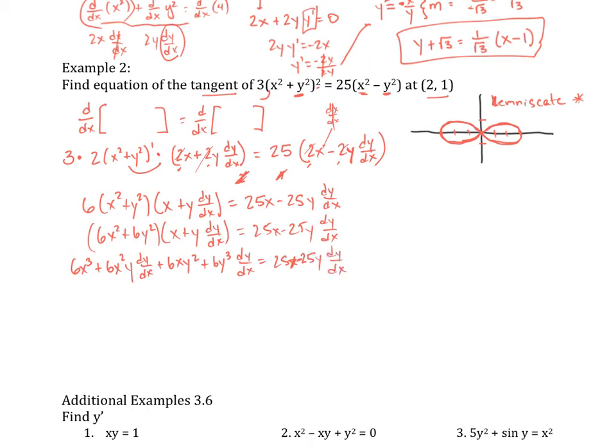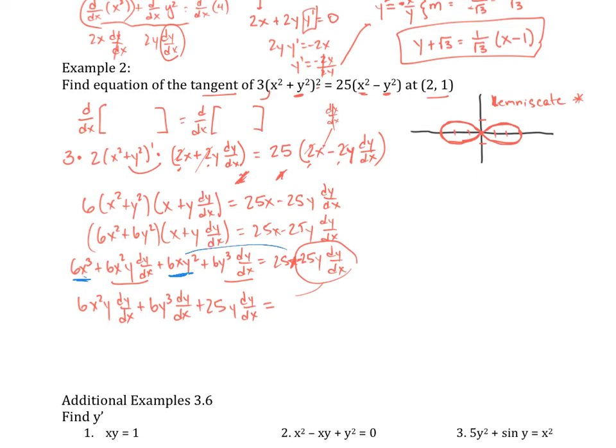All right, now on the left side, I'm going to combine like terms, which I don't think there are any, but I'm going to collect the dy dx's. So I will have 6x squared y dy dx plus this 6y cubed dy dx, and I'm going to move this over to the other side, plus 25y dy dx, because I'm collecting all my dy dx's on one side of the equation, because I'm going to factor those out, because that's what I'm solving for. Equals. These two will go to the other side, right?